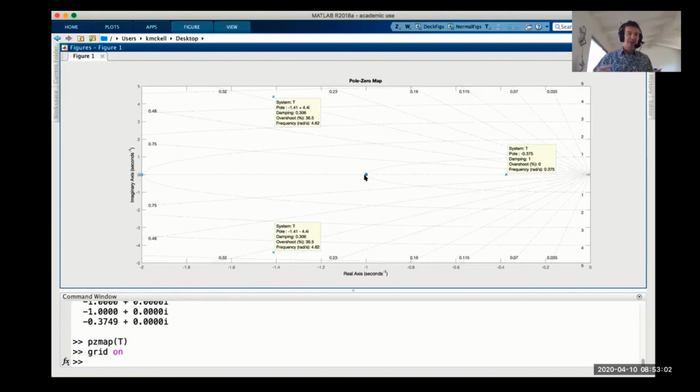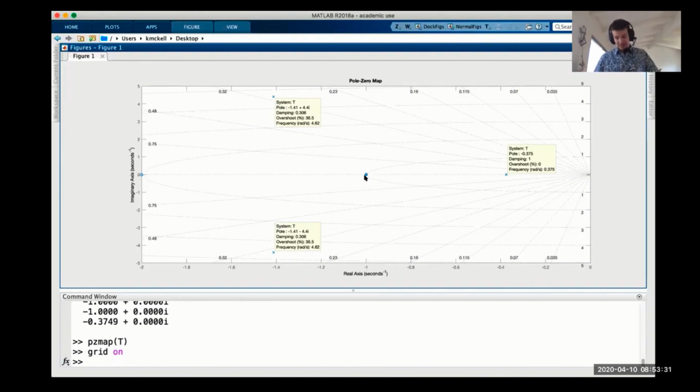But because it's unstable, the residue and the effect on the output will grow exponentially over time. Whereas in the left half plane, the contribution of that pole will diminish exponentially over time. So I can't stress this enough: pole zero cancellation is super good in the left half plane and super bad in the right half plane.